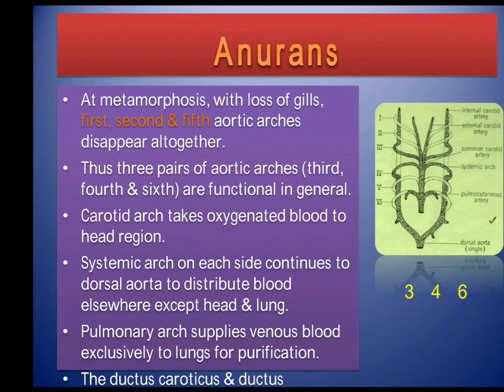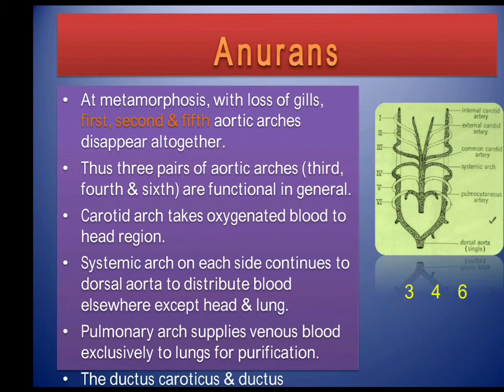So in this particular case, now here you can very well see there is no ductus caroticus. So there is no connection in between the third and the fourth arch. So that is lost. So that's how we can say that the blood which is flowing to the third arch, it is only and only going to the head regions.